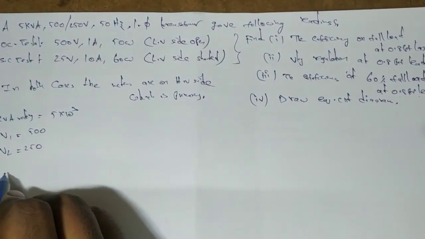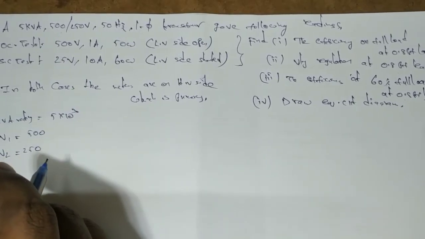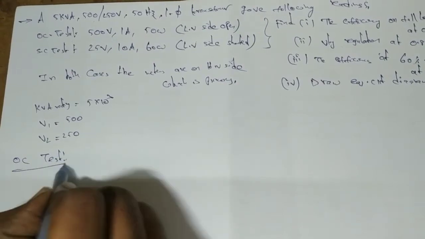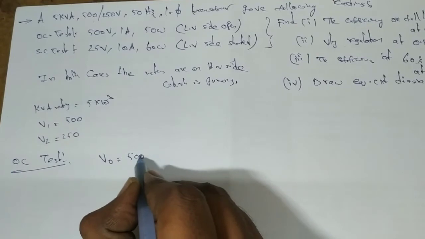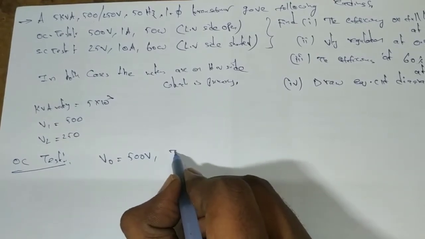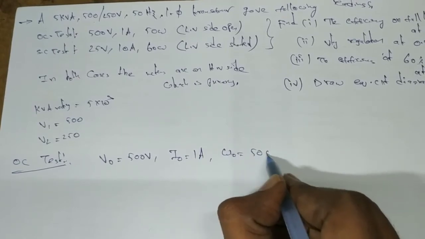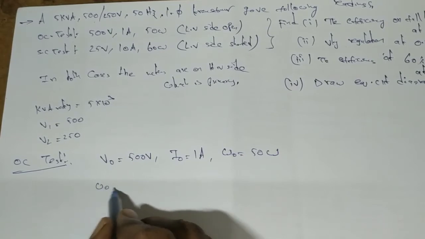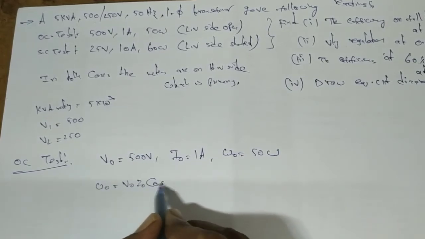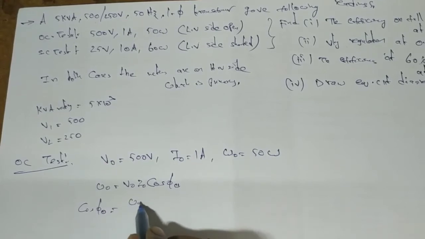Now, let us write the case of the OC test. In the open circuit test, the voltmeter reading V0 is 500 volts, the ammeter reading I0 is 1 ampere, and the wattmeter reading W0 is 500 watts. Here the wattmeter reading is equal to the constant losses, that is the iron losses. And W0 is also V0 I0 cos phi naught, just like in the derivation.